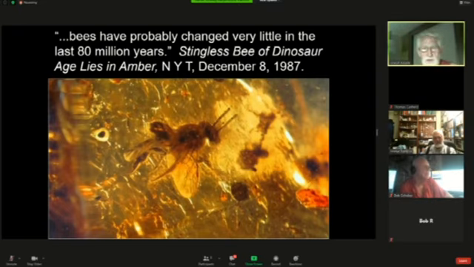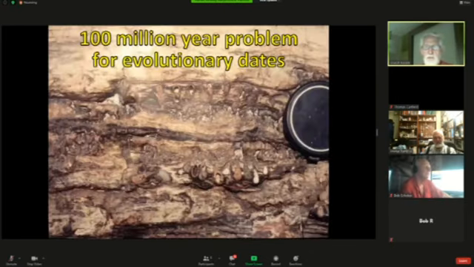And it says here that these bee specimens in amber have changed very little in the last 80 million years. Well, of course, we understand that that time is not existent.